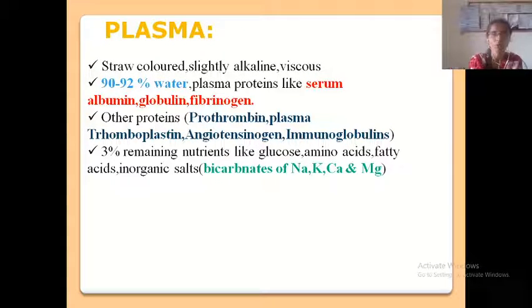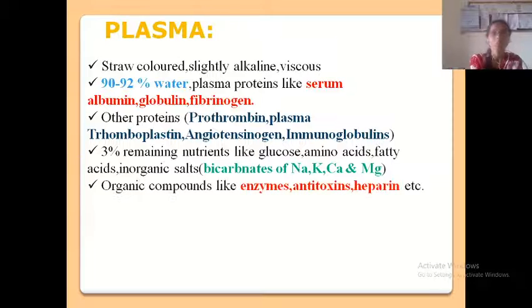Apart from water, the plasma consists of a number of proteins such as albumin, globulin, and fibrinogen. Fibrinogen plays a very important role in blood clotting. Plasma also consists of immunoglobulins, angiotensinogen, etc. Again, 3% of the plasma consists of various nutrients such as glucose, amino acids, and bicarbonates, that is bicarbonate of sodium, calcium, potassium, and magnesium.